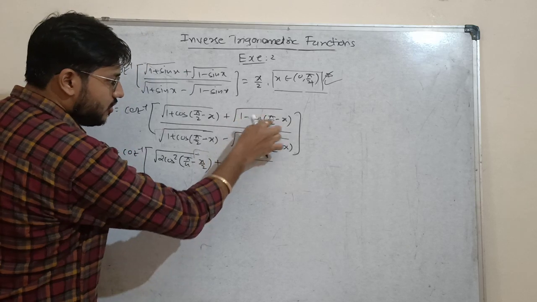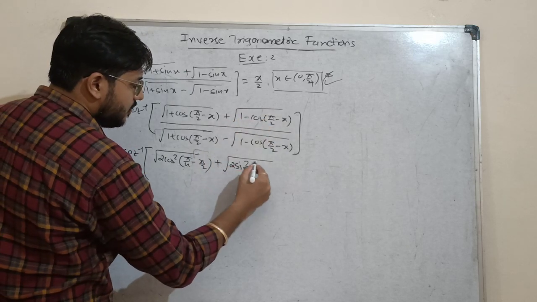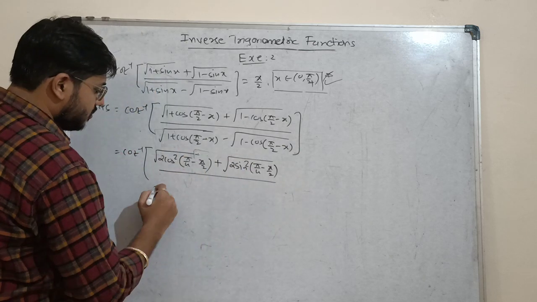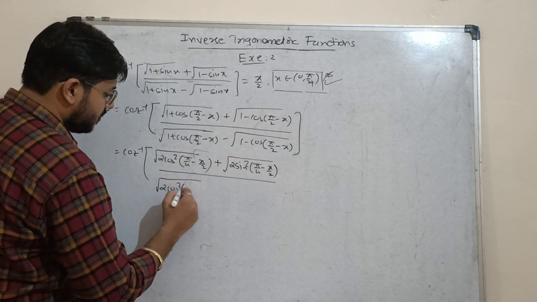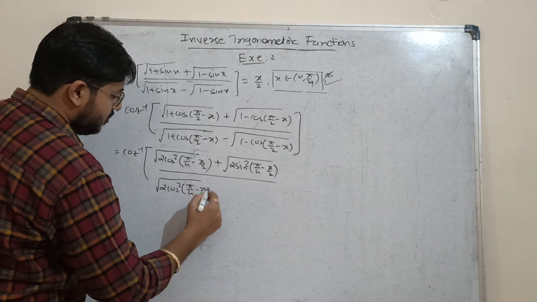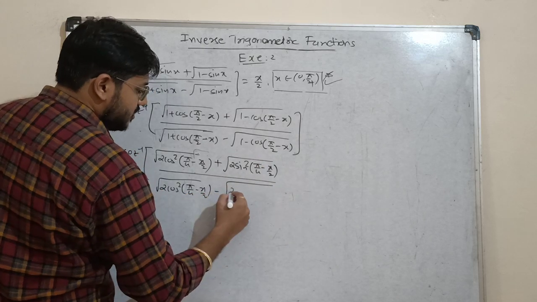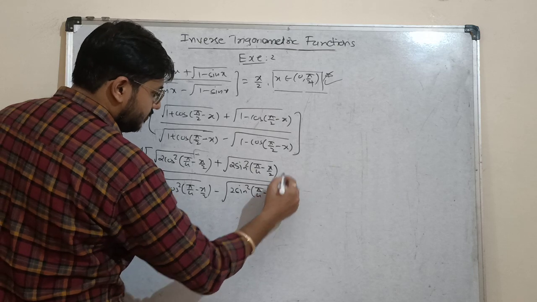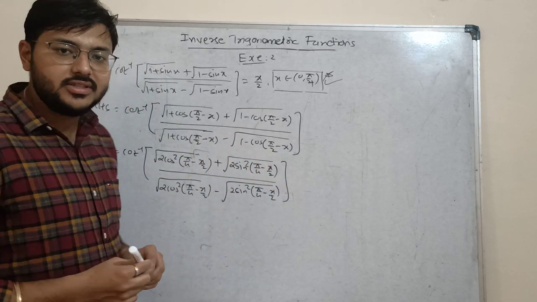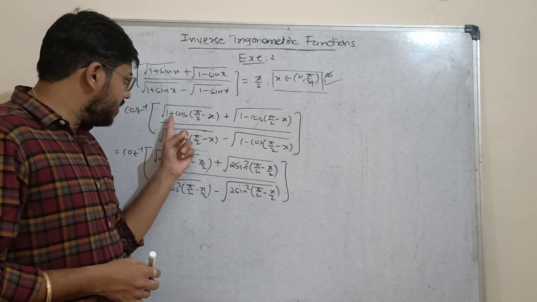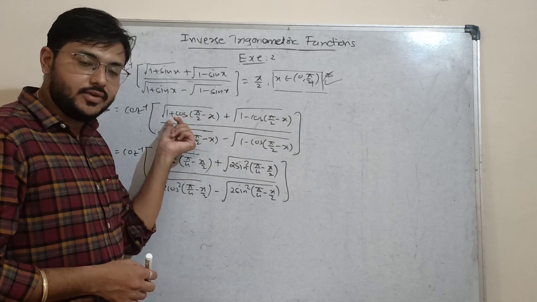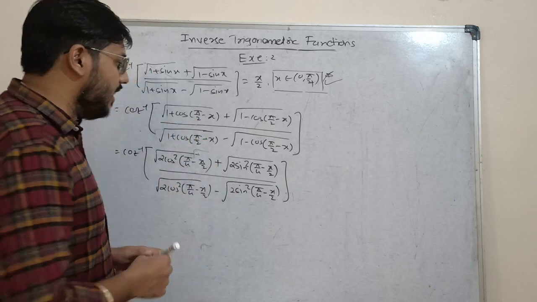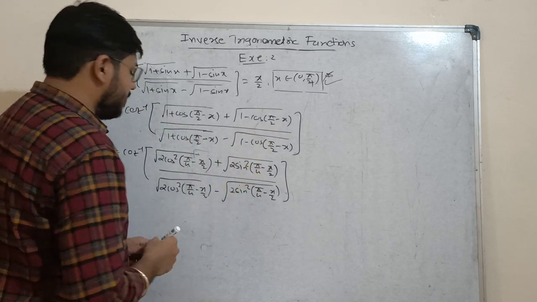Similarly, 1 minus cos theta is 2 sin square theta by 2. Hope you understand these two equations. 1 plus cos theta is 2 cos square theta by 2, okay? And 1 minus cos theta is 2 sin square theta by 2.